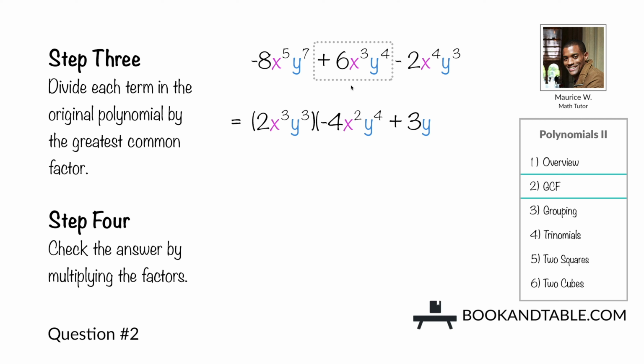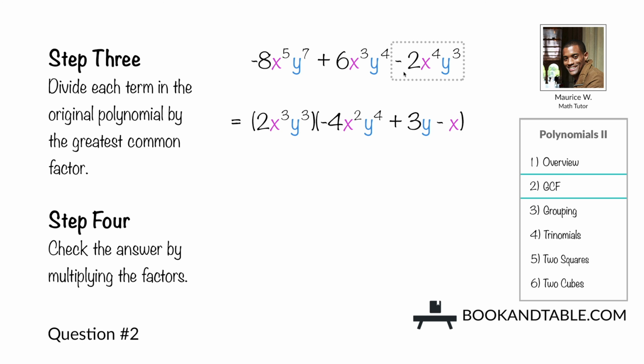And now we move on to the second term. 6 divided by 2 gives us +3. X cubed divided by x cubed is 1, so we can remove it. Y to the 4th divided by y to the 3rd is equal to y to the 4 minus 3, which is 1. So that gives us just y.